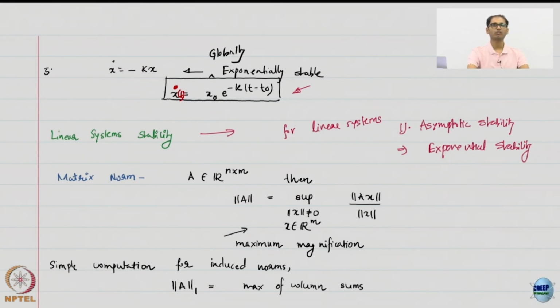I do not think this can be said in general, that if you have asymptotic stability, you have global asymptotic stability for a nonlinear system, just because you have one equilibrium. If you ask me for such an example, I will struggle a little bit. I will have to think.